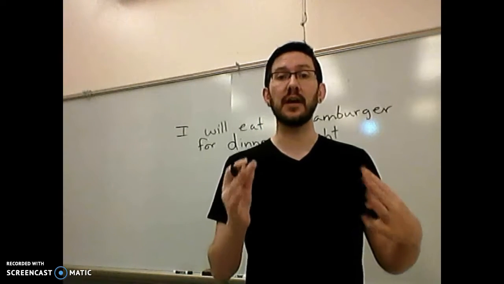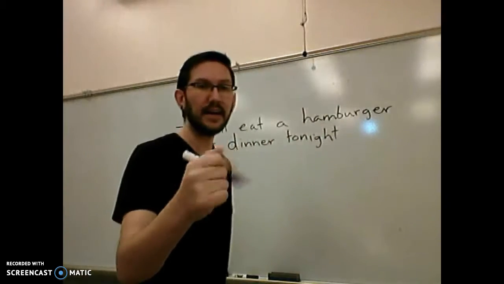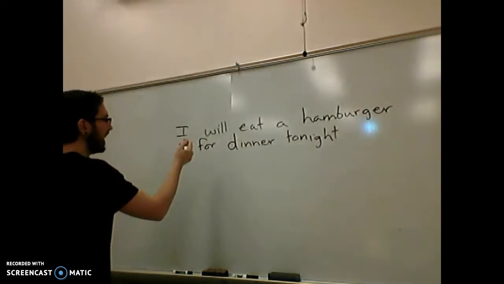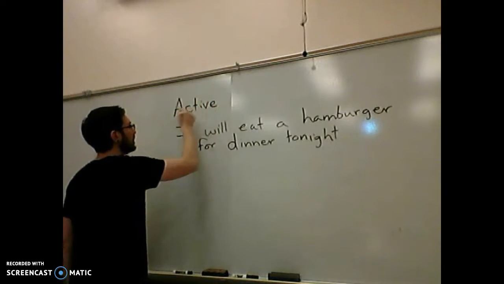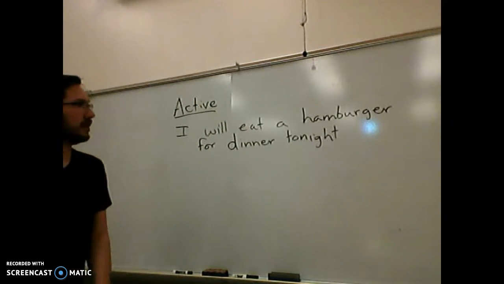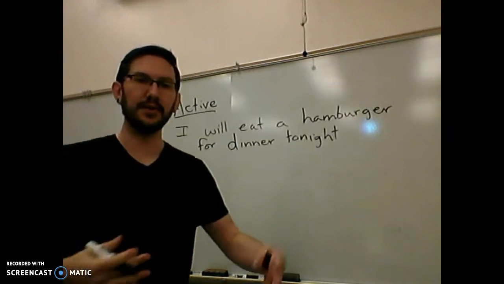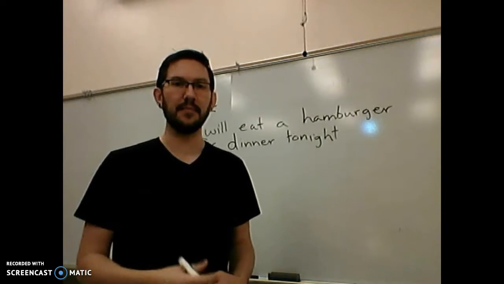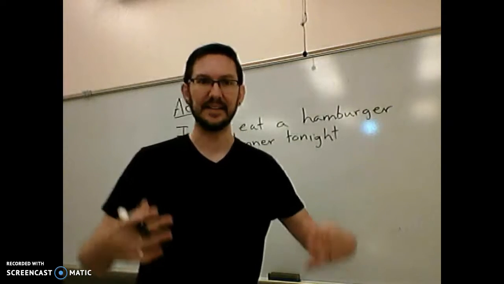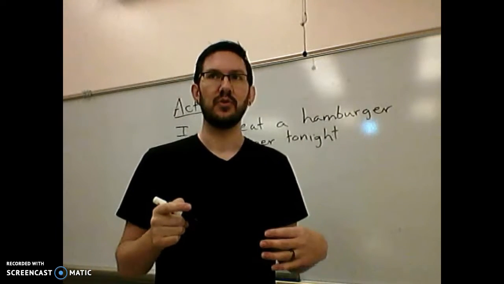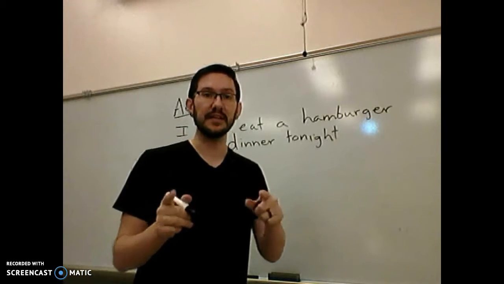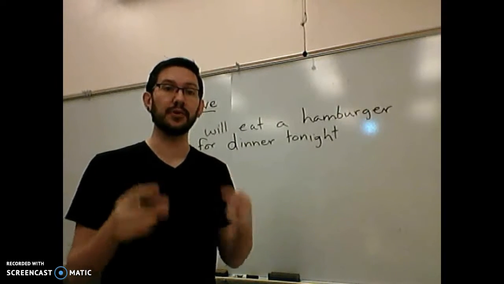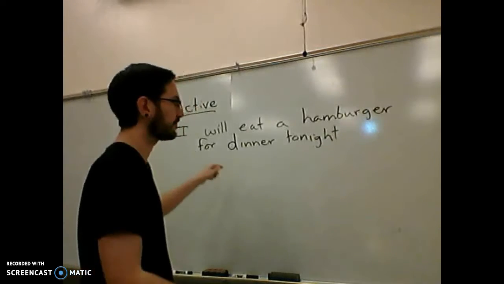So first, we're going to talk about active voice. And I have a sentence on the board for us that is in active voice. And what can we note about this sentence, other than I must have been thinking about food when I made it? Right, it starts with I. Okay, so that is a really key signifier in a lot of cases that we're going to be speaking in active voice.